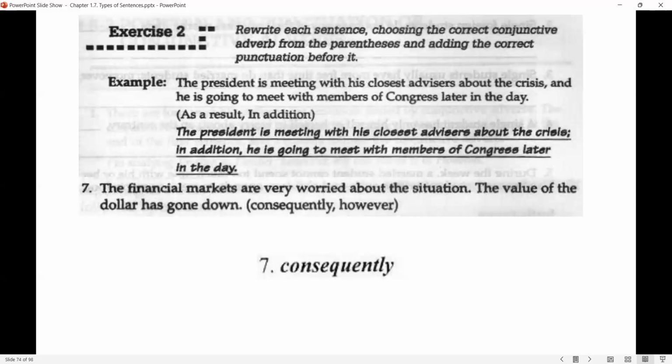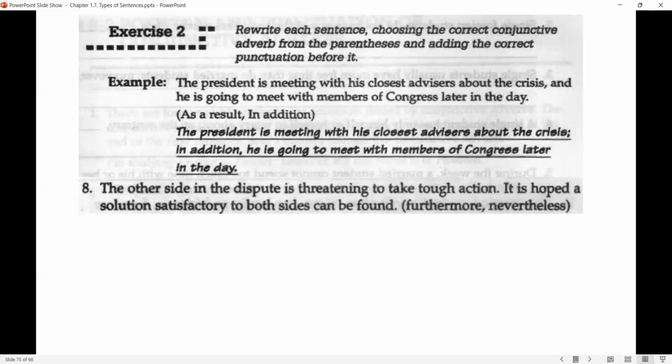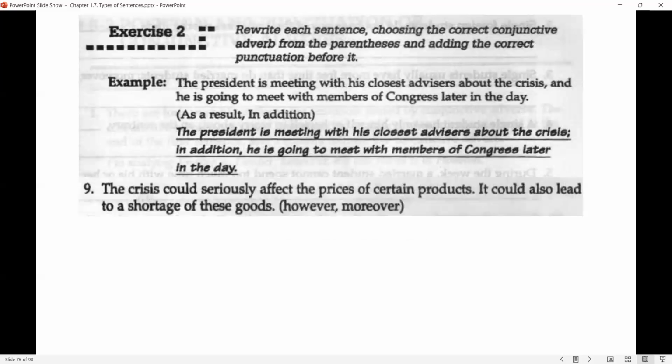Consequently, the value of the dollar has gone down. Number 8, complete this one, please. Okay, the other side in the dispute is threatening to take tough action. Nevertheless, it is hoped a solution satisfactory to both sides can be found.